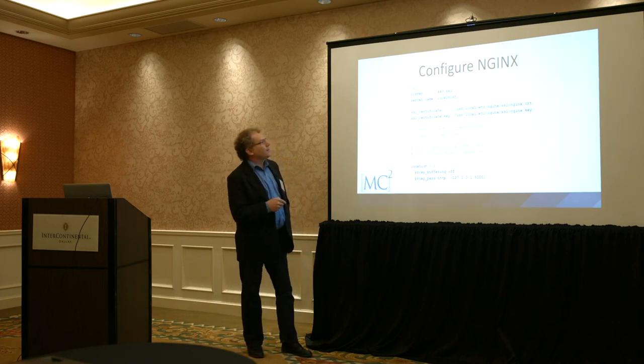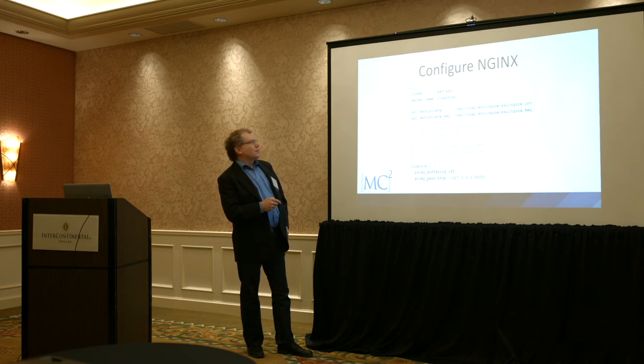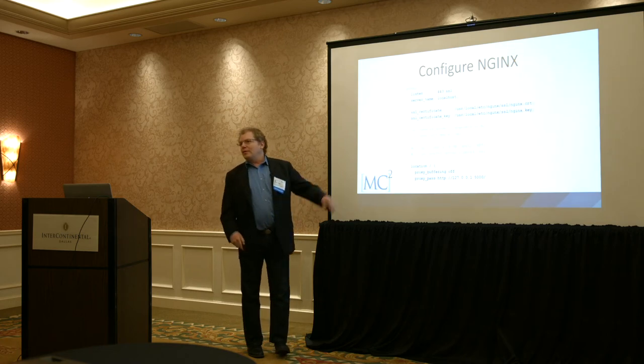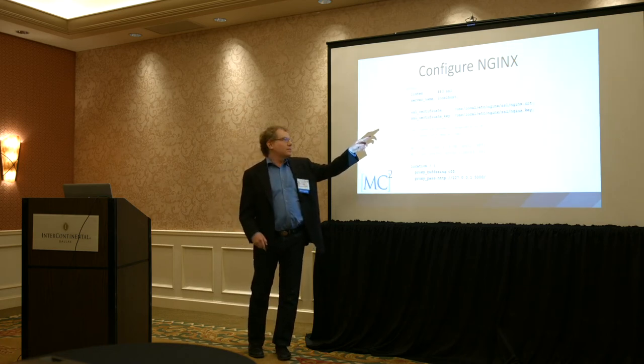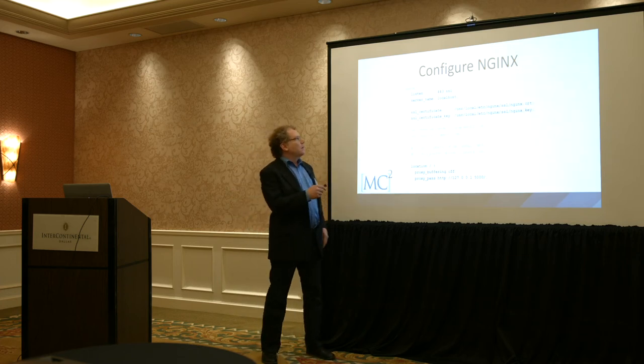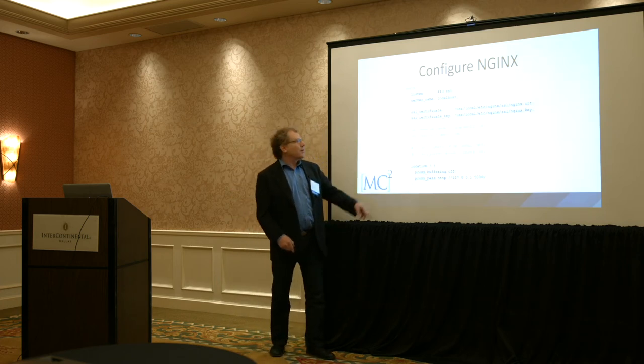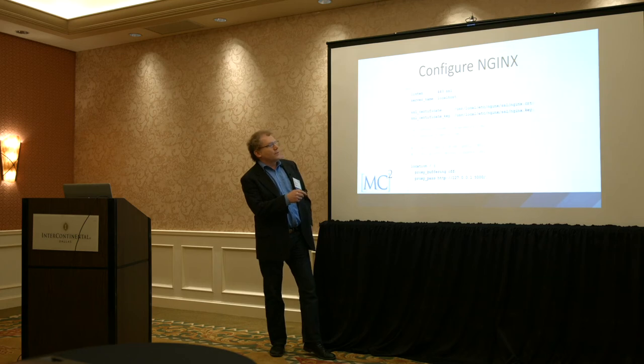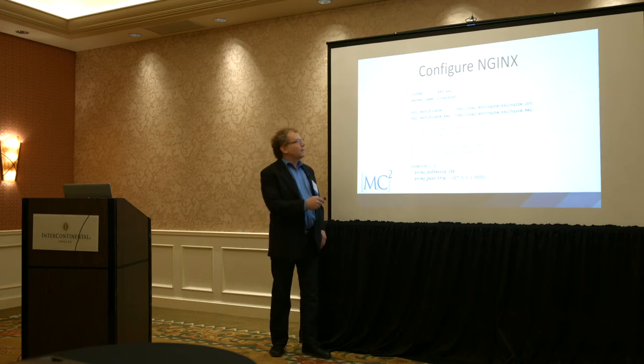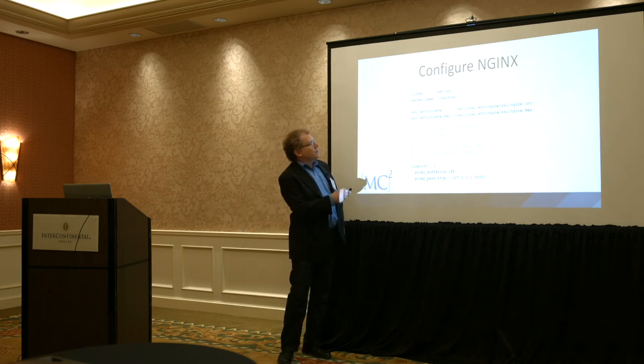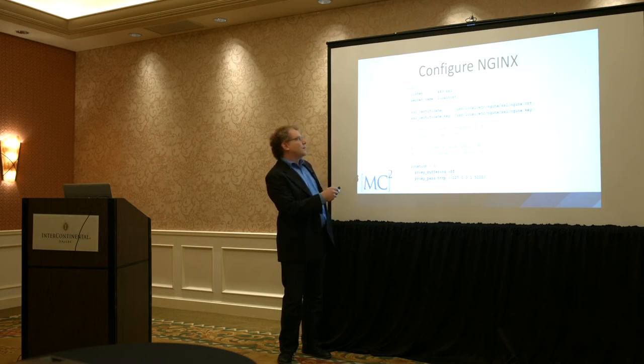There's an nginx.conf file I'll show you in a second. We're going to listen on port 443, which is the HTTPS port, and we're going to use SSL, Secure Socket Layer. The server name for us is just going to be localhost because we're not being fancy. And this is the location of our certificates.